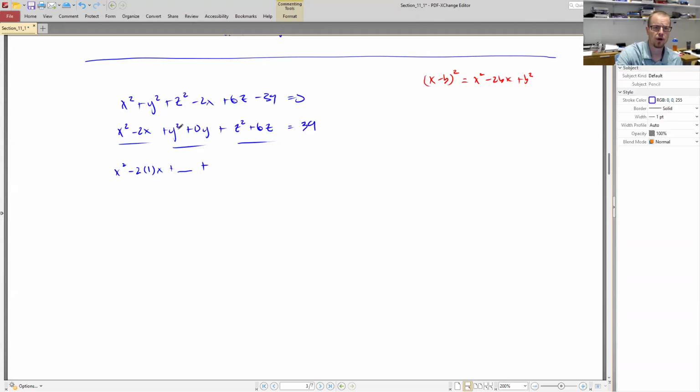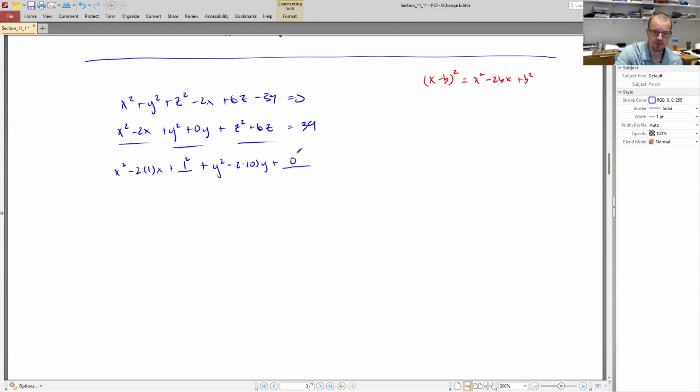And for x here, this is the b value, 1. I'm going to add b squared, so add 1 squared. Then I have y squared. I'd like it to be written as minus, but minus 0 is the same as plus 0, so minus 2 times 0 times y, so y squared minus 2by.